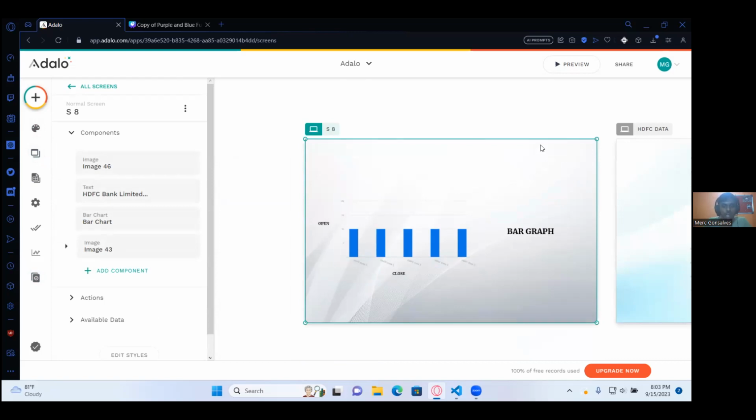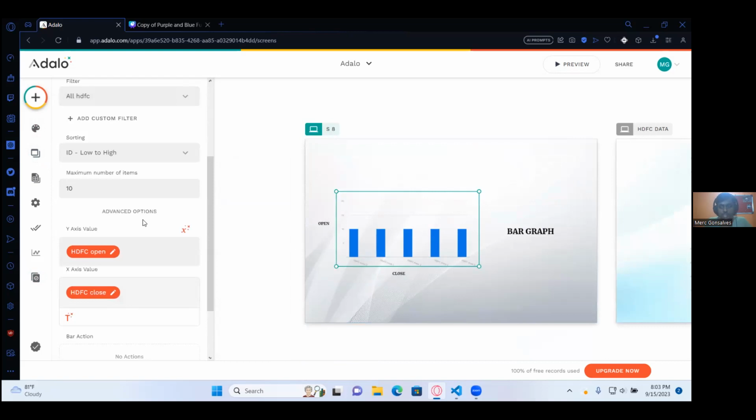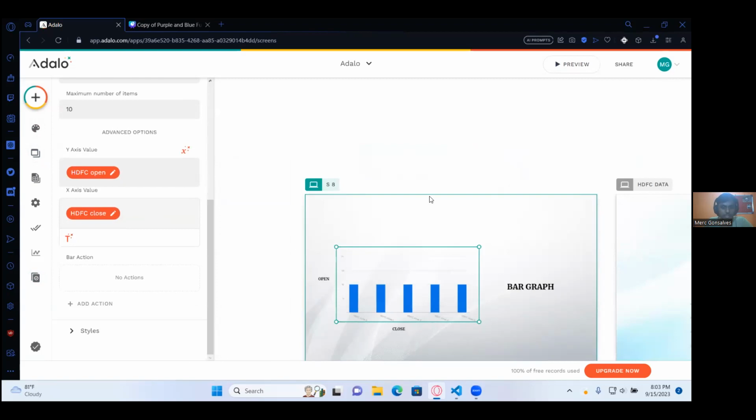In this bar graph, we have the open values on the y-axis and the closed values on the x-axis. And that's the end of all of the graphs.